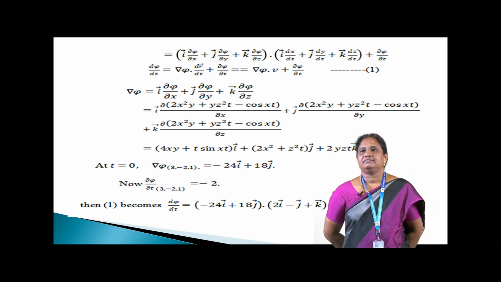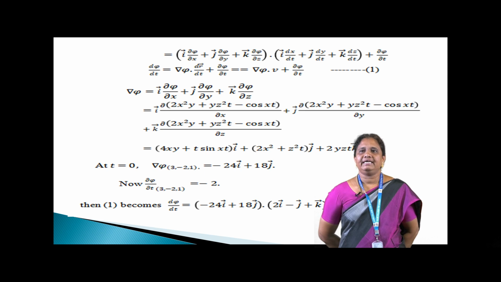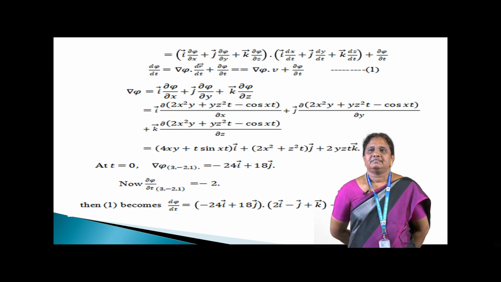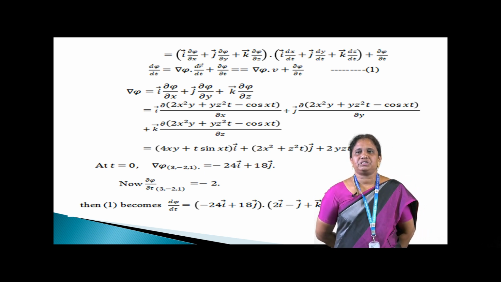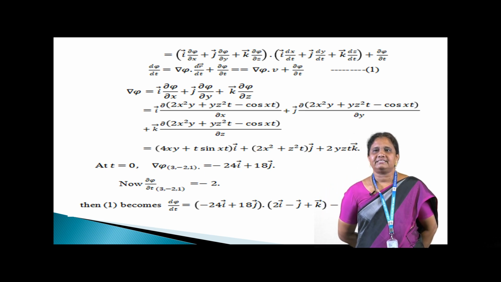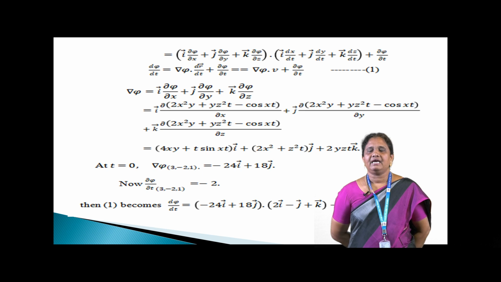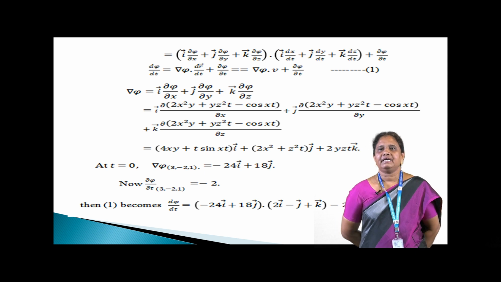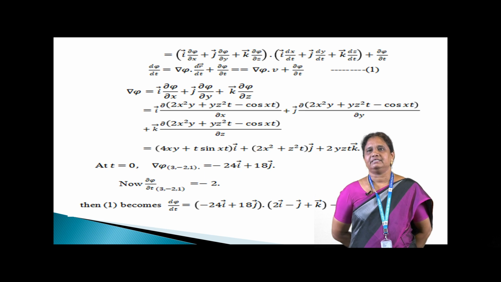And in the dot product, what is the second factor? i dx by dt plus j dy by dt plus k dz by dt. It's nothing but the differentiation of the position vector r with respect to t. We know that r vector is xi plus yj plus zk, and differentiating r with respect to t, we get the above term. So del phi dot dr vector by dt plus dou phi by dou t.